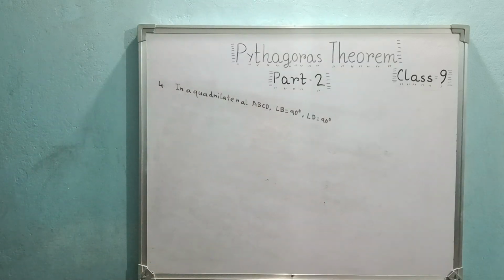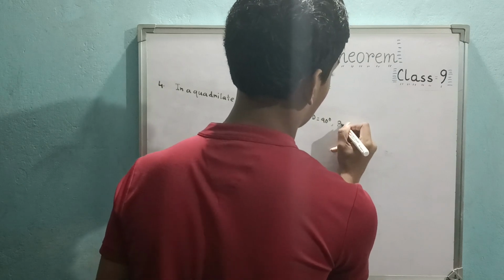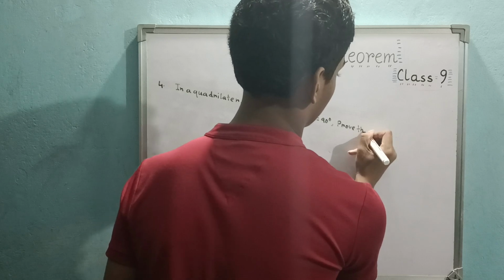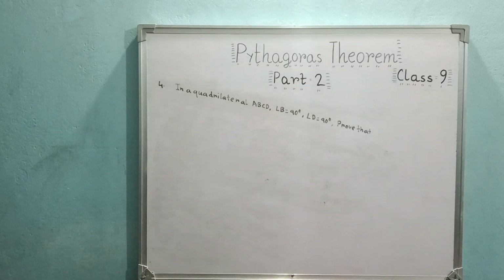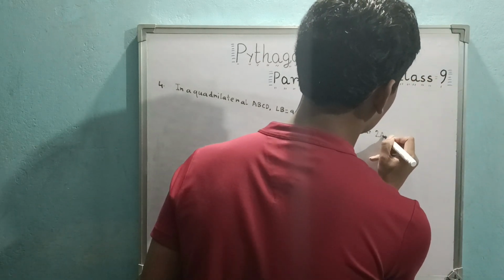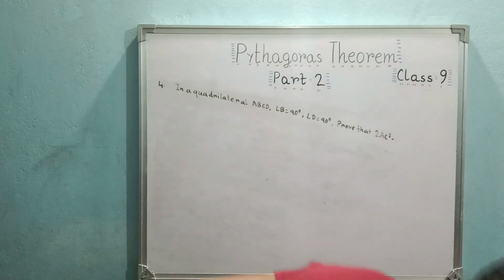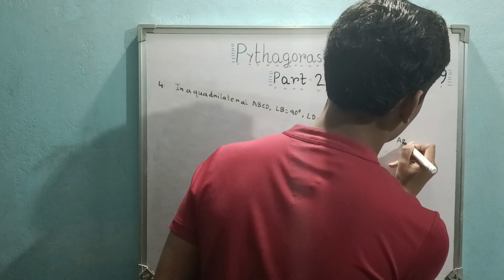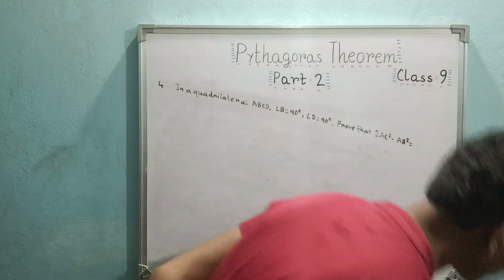Okay. Prove that 2AC square minus AB square equal to BC square plus CD square plus DA square.